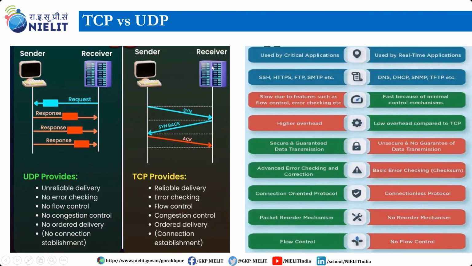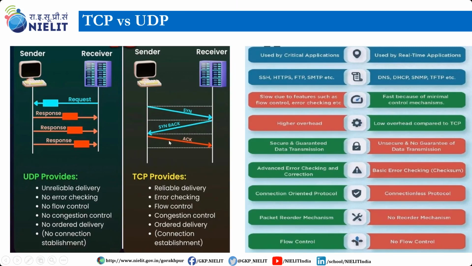So the receiver is actually sending two signals, SYN plus acknowledgement for the first SYN signal. After that, a final acknowledgement is sent. After completing these three steps, the connection is established, and after that, the actual data is transferred.